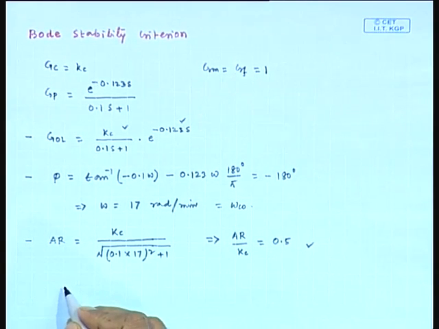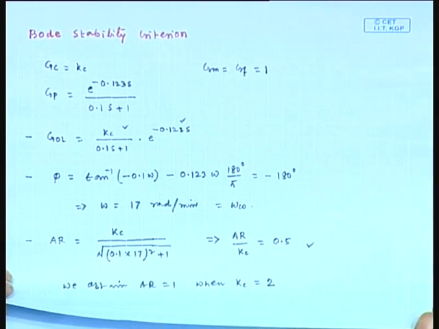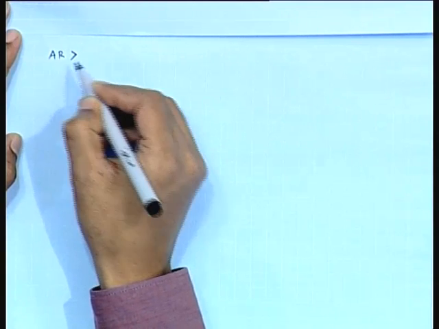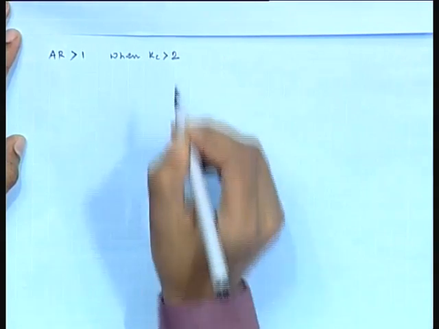Now, we obtain amplitude ratio 1 when K C equal to 2. So, we can say that amplitude ratio we can obtain greater than 1 considering K C greater than 2.